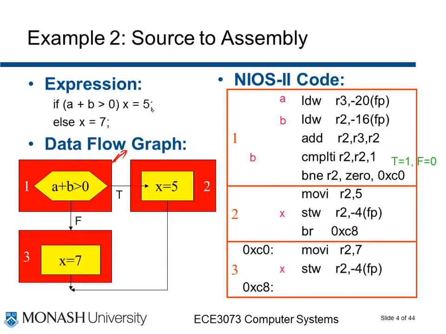So this control decision compares A plus B to 0. So we load A, load B, compute their addition. So that's our result stored in R2, and we compare if it's less than 1, which is a very confusing way of working out if something is greater than 0.